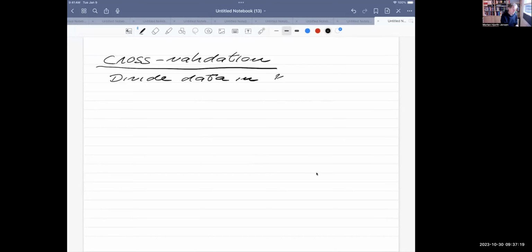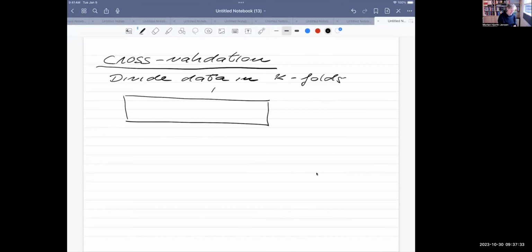Or you can think of this as slots, so k folds. So suppose we have a data set which looks something like this. And we decide to split this in k equal 5 folds. So let's just split it in here.